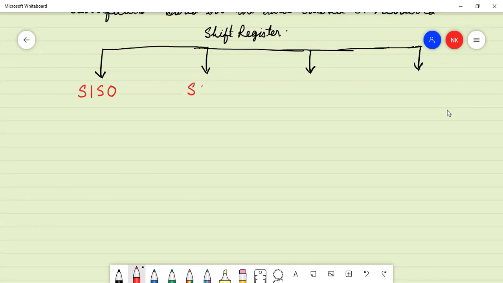Second one is SIPO. Third one is PISO, and fourth one is PIPO.